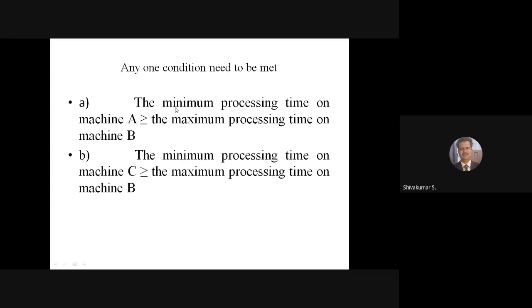That is, the minimum processing time on machine A should be greater than or equal to the maximum processing time on machine B. Or the minimum processing time on machine C should be greater than or equal to the maximum processing time on machine B. If any one condition is met, then you can combine A plus B to make one machine, and B plus C to make one. It becomes a two machines n jobs problem. So you have to make sure that any one condition is met to convert the three machines n jobs problem.